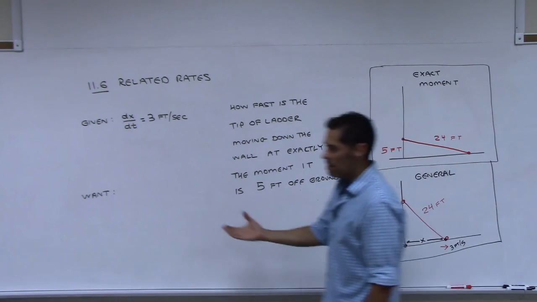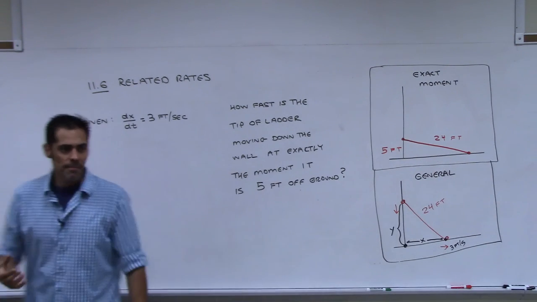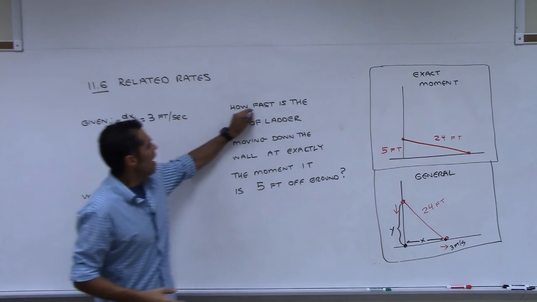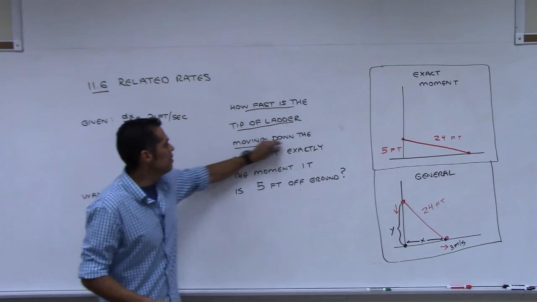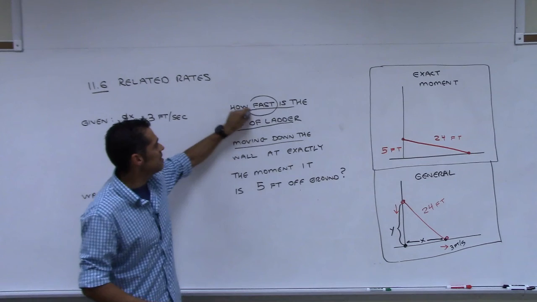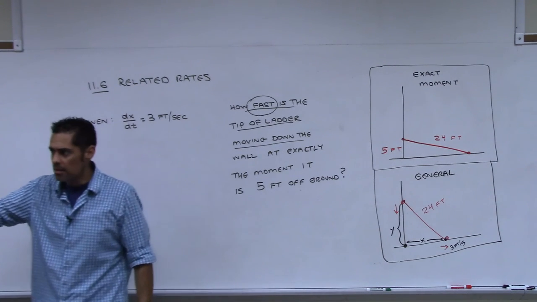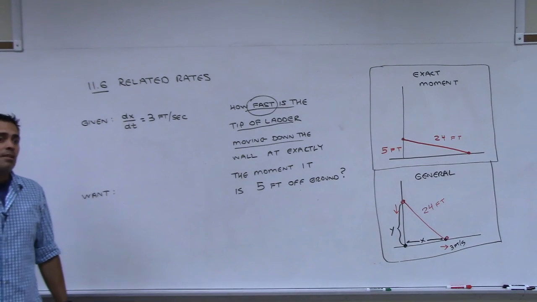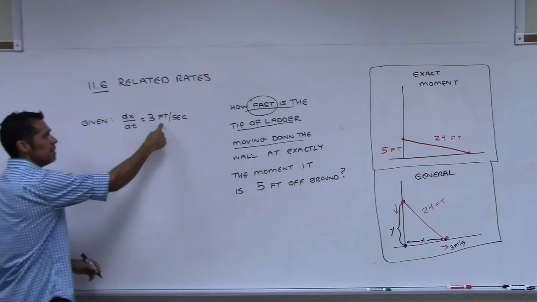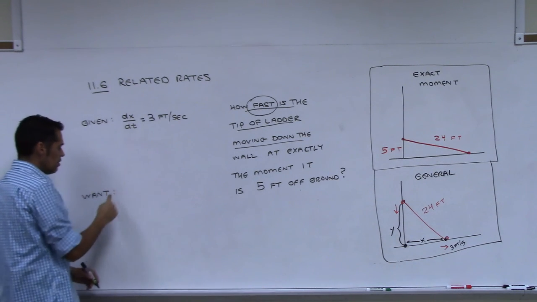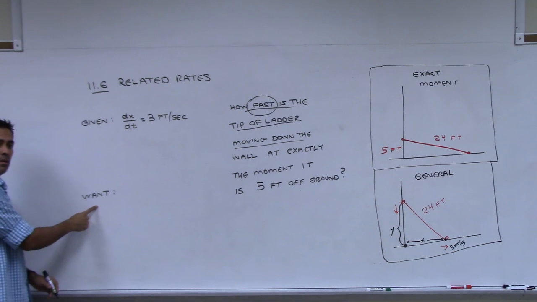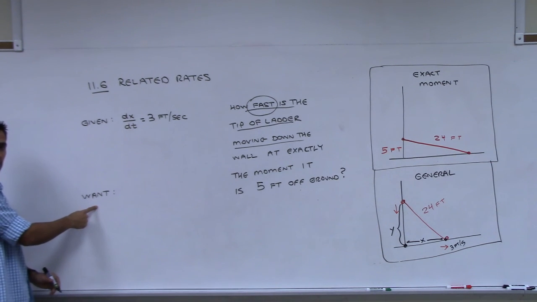So what I want in the problem, what is it that I want? How fast is the tip of the ladder moving down the wall? When we say how fast, we need to be thinking speed. When we're thinking speed, we need to be thinking derivative, right? This was a speed, that's a derivative. So we're actually asking for a derivative as an answer.